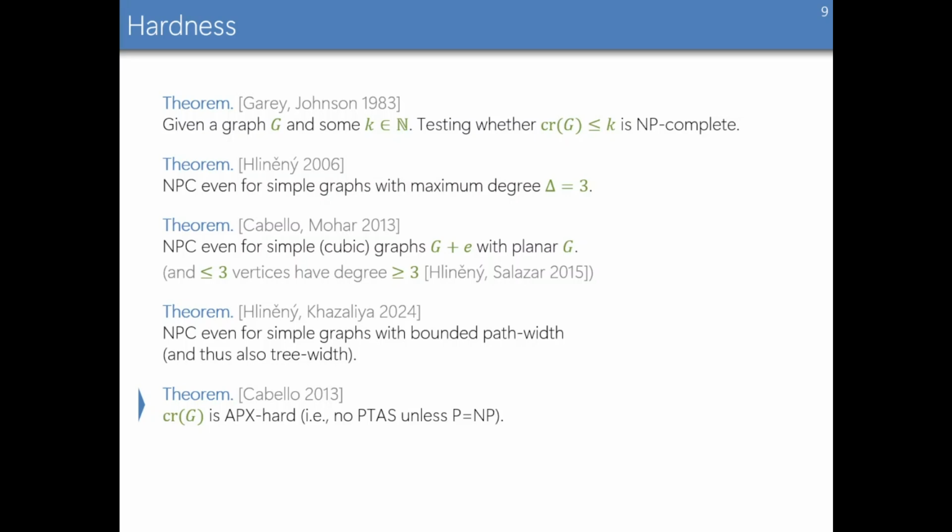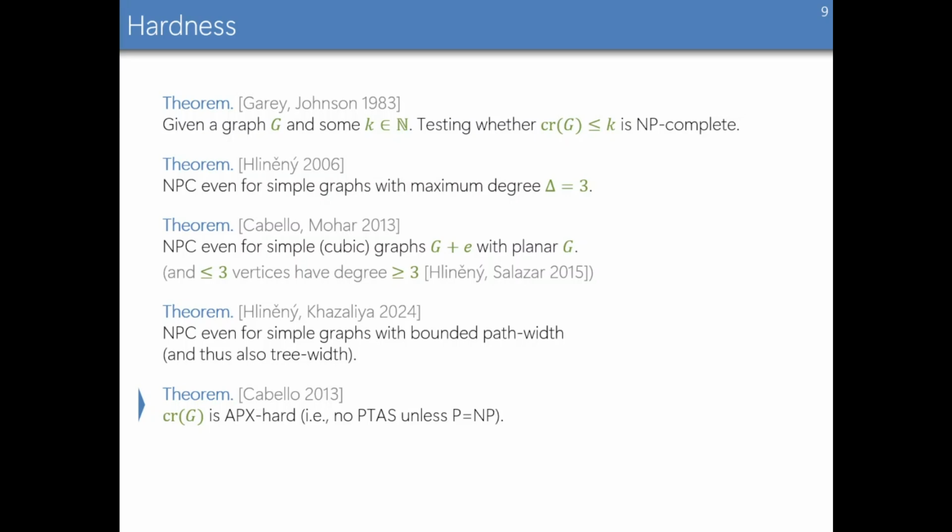Also, there is a proof, not totally unlike the proof we have seen up here for the nearly planar graphs, that the crossing number is APX hard. What does APX hard mean? Well, it's hard to approximate in the sense that you will not be able to find a PTAS or even an FPTAS for it.